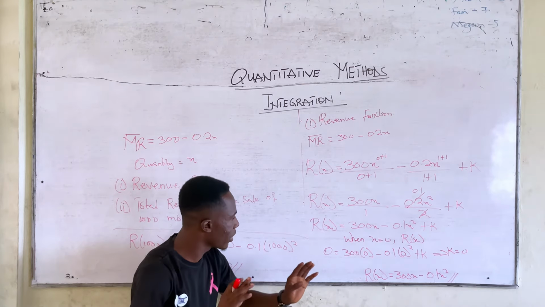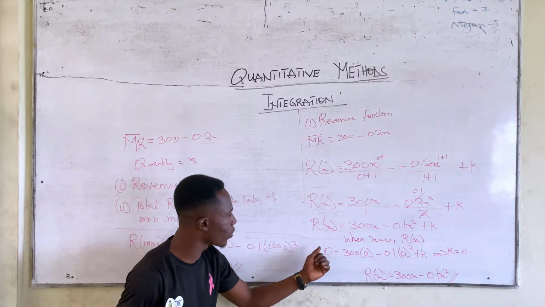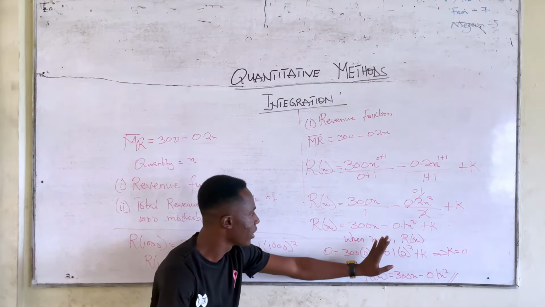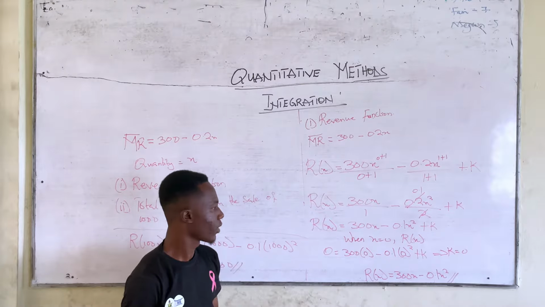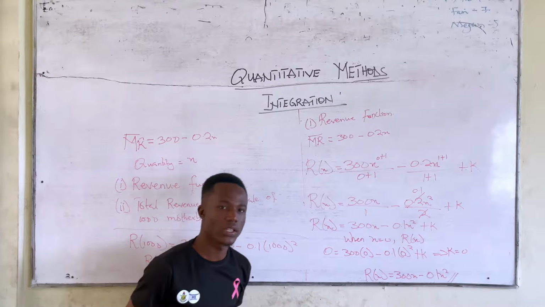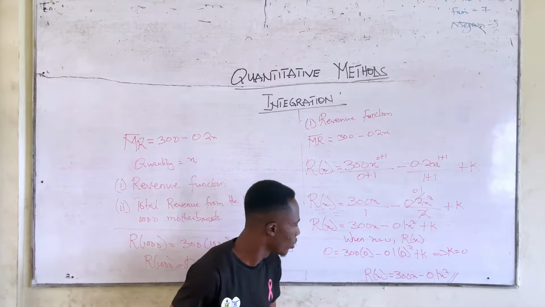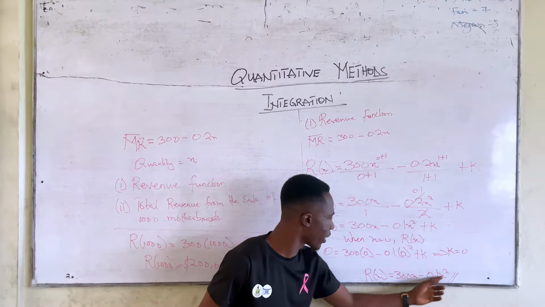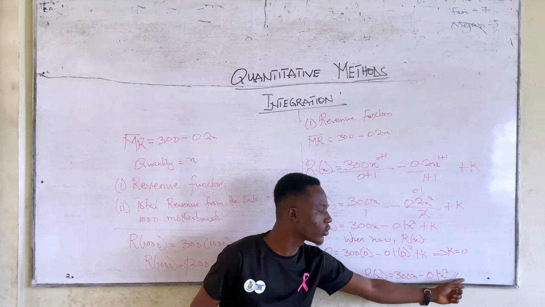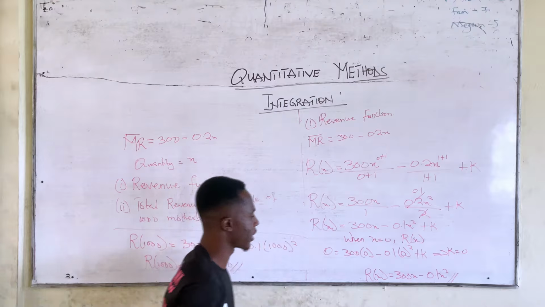So if the question does not provide you with the revenue and the value of x, it means just put zero there, and automatically K becomes zero. Then if K is zero, you construct the revenue function like this because K is zero and there is no need for us to write it. And so this is the revenue function.